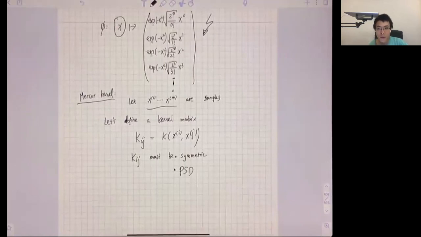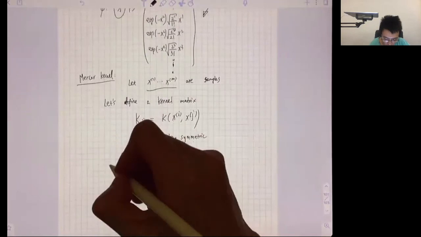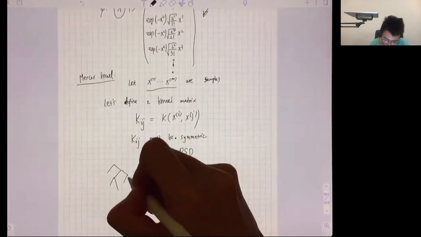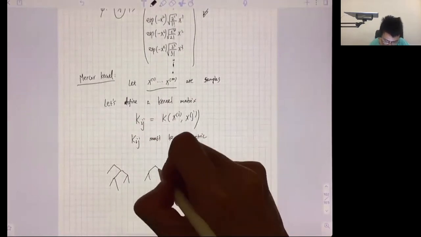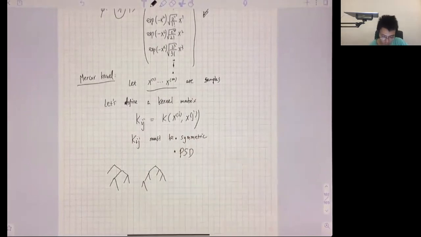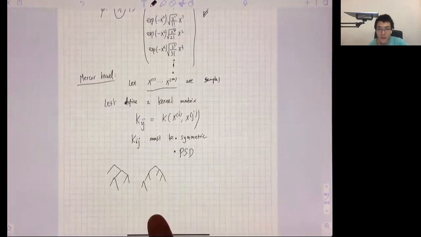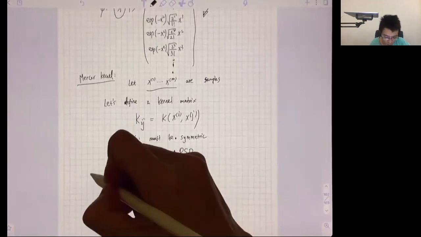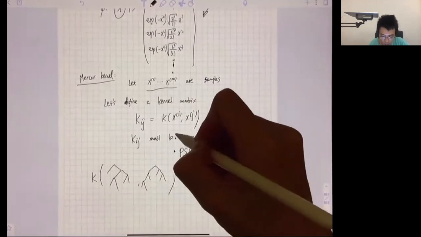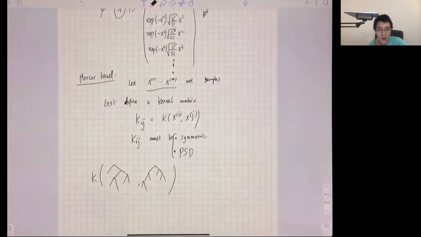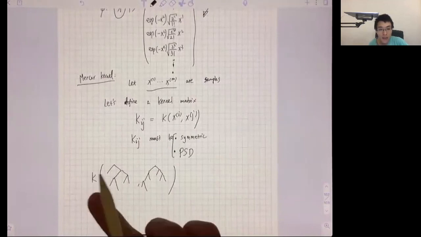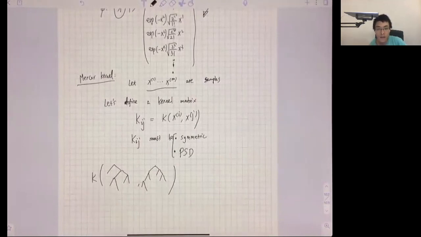And this also tells you, for example, if you have two trees, of course you can extract some features, but maybe your extracted features are very naive. But if you can define a kernel based on trees, and if you satisfy these constraints, then it turns out that this is an inner product in some vector space. And that vector space is not unique.